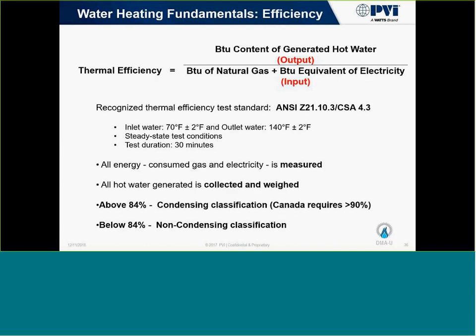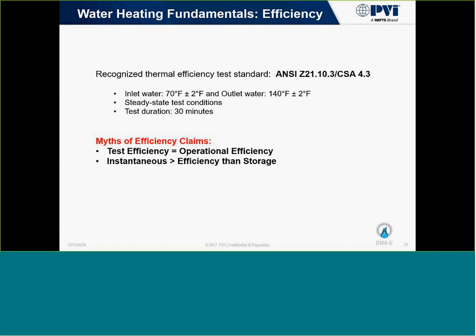So getting back to the basics of what thermal efficiency is, like we stated previously, we're taking all of our input, everything that we throw into that heat source, we do the exact same test, and we find out what we get out of it, we put it into the equation, and that's where we get our thermal efficiency. So one of the variables in that is the 70 degrees coming into it and the 140 degrees going out of it.